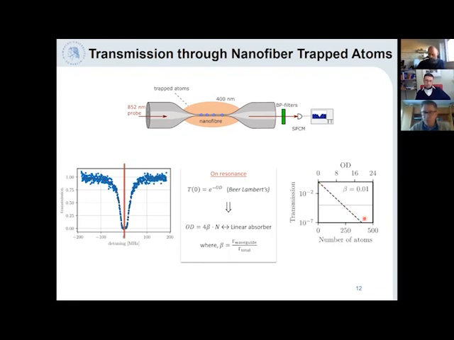transmission on OD. And actually, it turns out, and that was an insight that we got in 2018, that this is not what you should observe when sending light through the fiber if you look at it in detail.